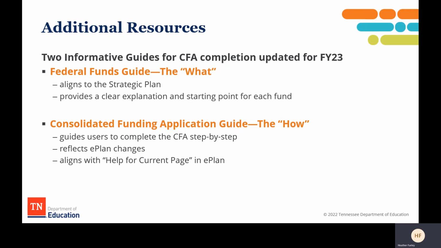So whether you utilize a hard copy or you have a second screen, you can have ePlan open at the same time as you're completing your CFA FY23, and this will allow you to go step by step, and it provides details on how to complete each section of the CFA.